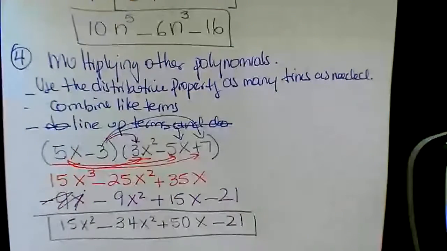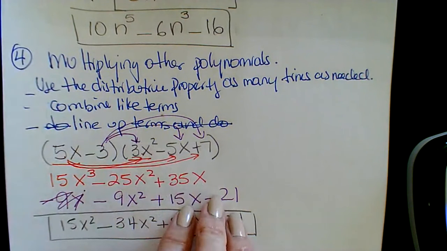Look at this one. This one is multiplying 3 or more polynomials. We could do another one of these.